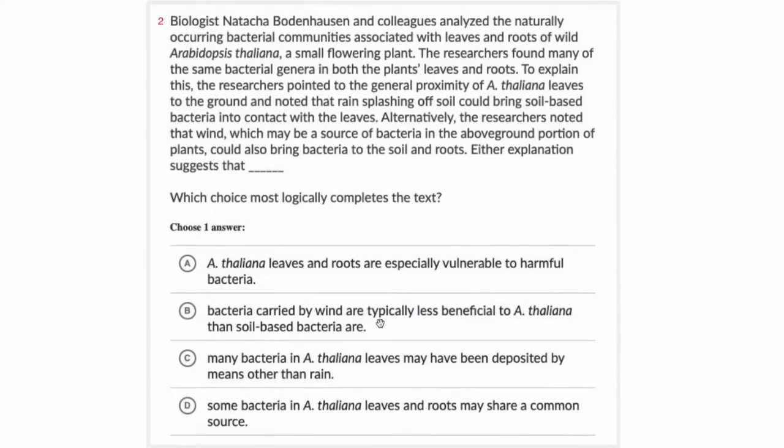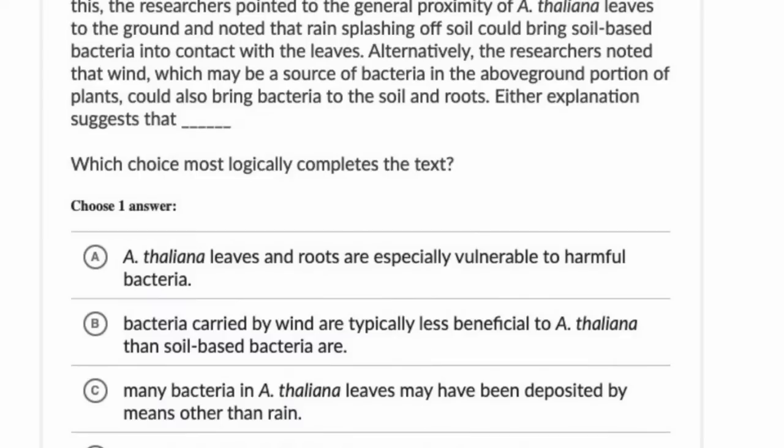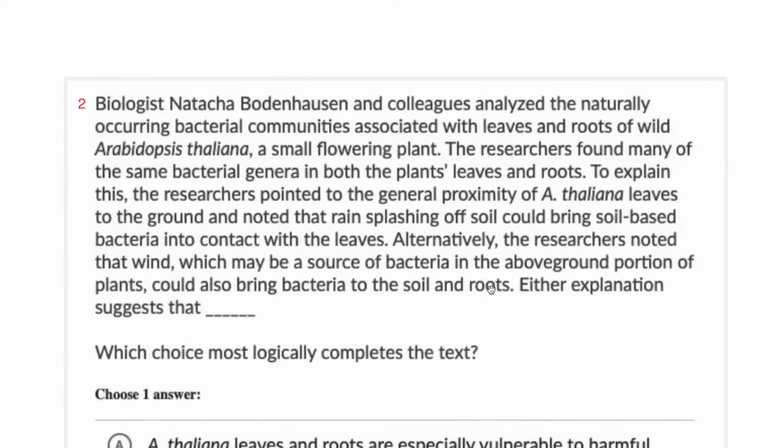Okay, so number 2. Yep. So this biologist and colleagues analyzed the naturally occurring bacterial communities associated with leaves and roots of wild Arabidopsis thaliana, a small flowering plant. Okay, so we have a plant.